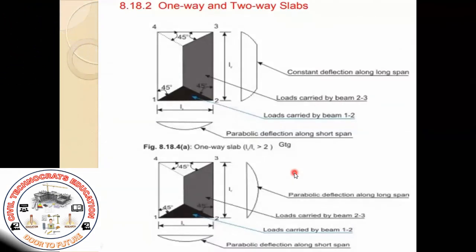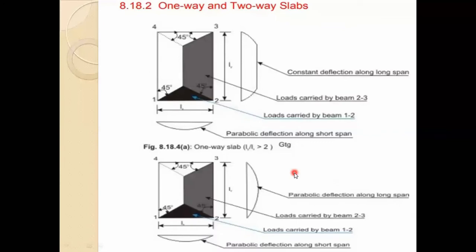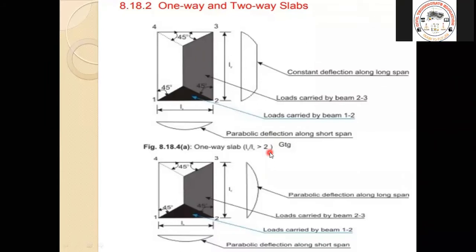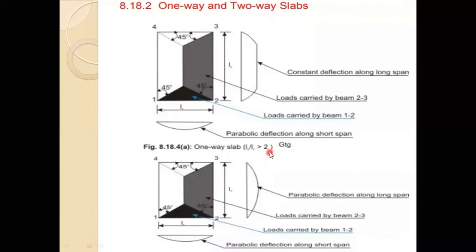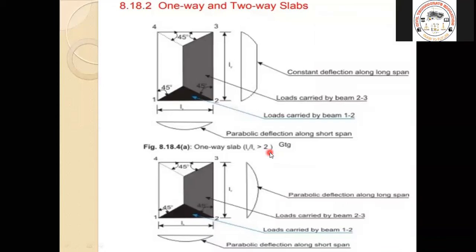Okay. So now, when do we call the slab a one-way slab and when do we call it a two-way slab, that is the question. When your Ly by Lx ratio, that is the length in y direction to the length in x direction, or the span in y direction to the span in x direction, is greater than 2, then your slab is a one-way slab.